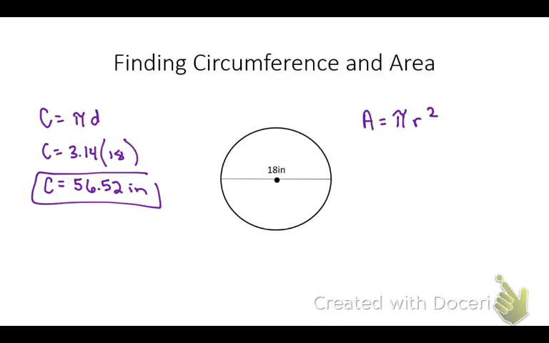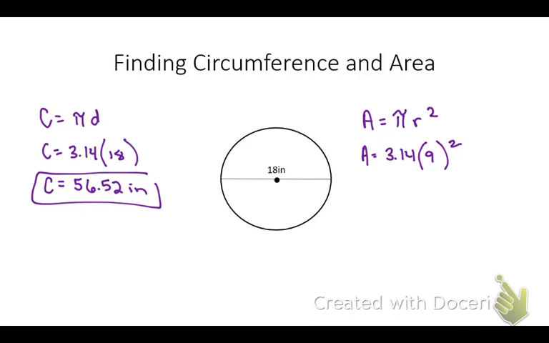Okay, all right, so A equals pi. What number did you plug in for the radius? Did you plug in 18? No, what value is my radius? It's 9. So don't forget, if they give you diameter, you have to divide by 2 to get the radius. So now, do I do my multiplication first, or do I do my exponent first?